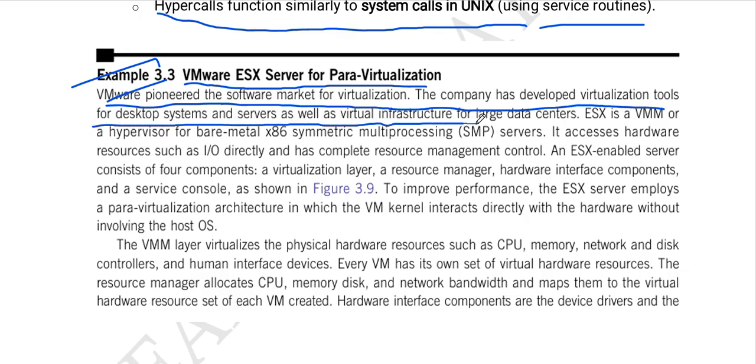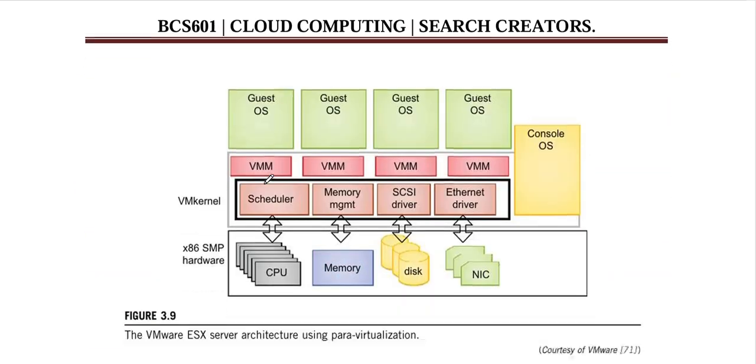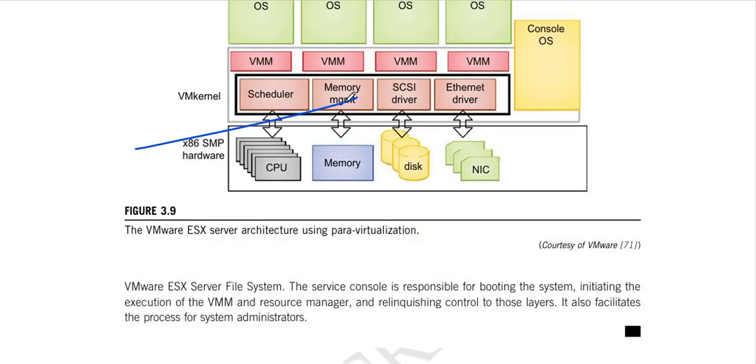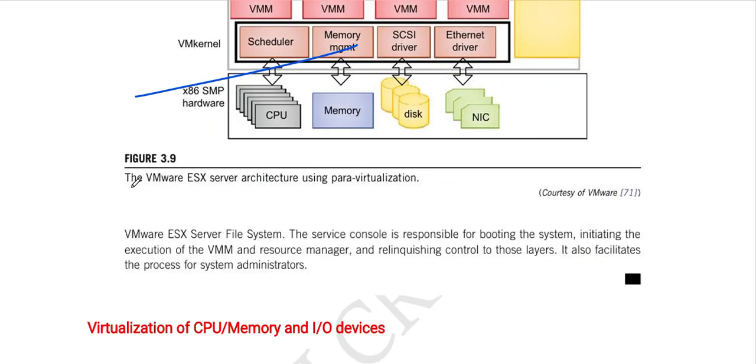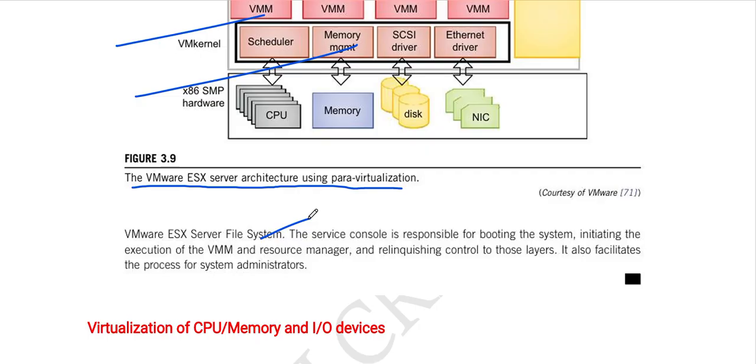This is some basic theory, and in this figure we can observe the VMware ESX server architecture using para-virtualization. Some explanation about the figure is mentioned below.